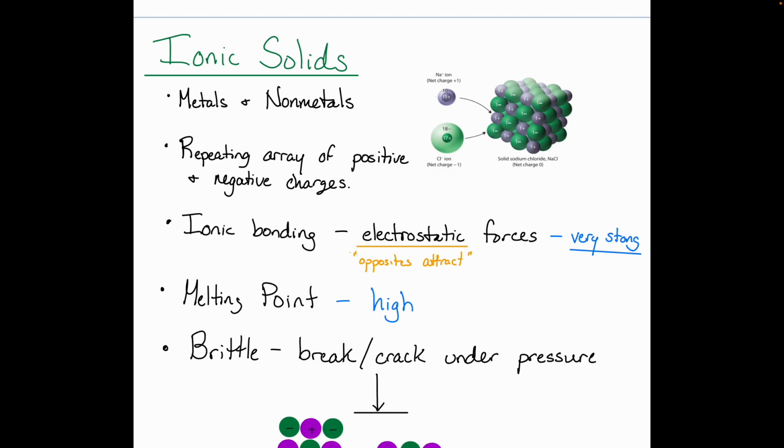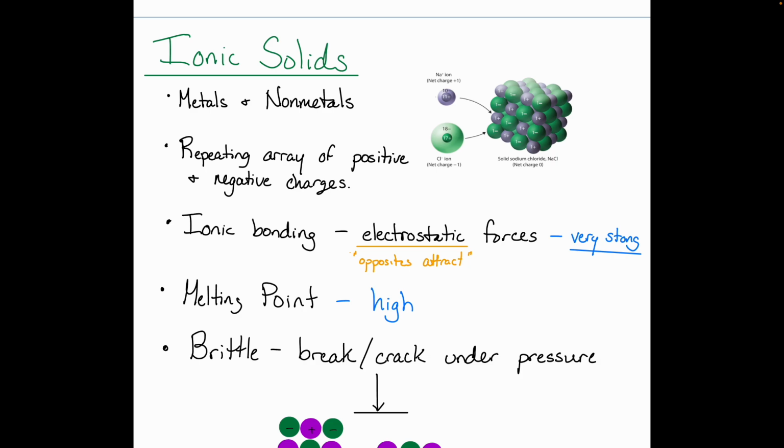So our ionic solids are made up of metals and nonmetals, this repeating array of positive and negative charges. The forces holding that solid together are these very strong electrostatic forces, which give these compounds high melting points, but because of their structure, under pressure they would crack and are considered to be very brittle. Cool. All right, so ionic compounds we talked a lot about before.